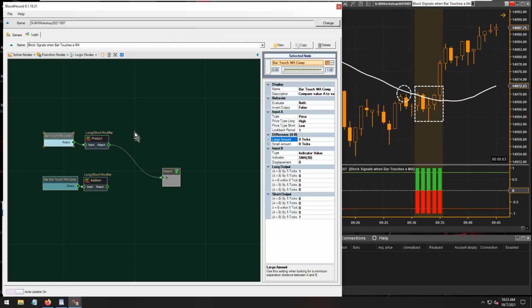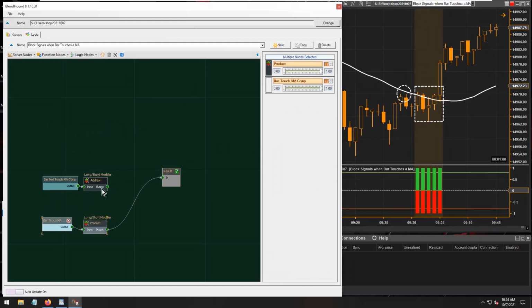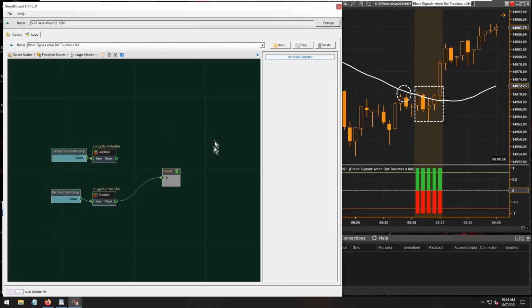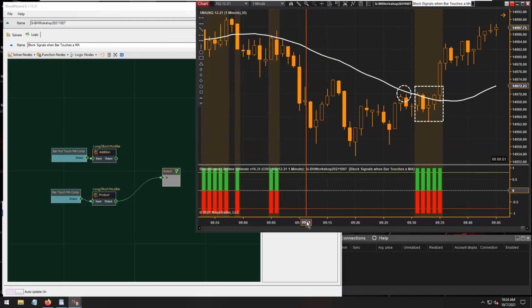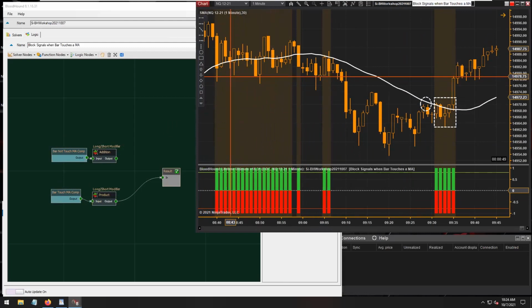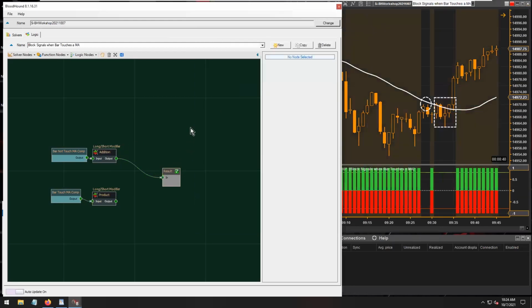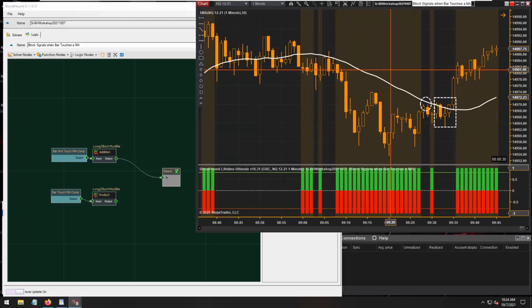So, all right, let's just flip these around. There. All right. So this would be signals are allowed only when the bar touches the moving average. And then this logic above is the opposite. It's blocking signals when price is touching the moving average.